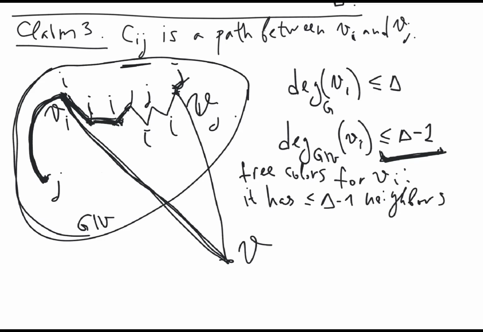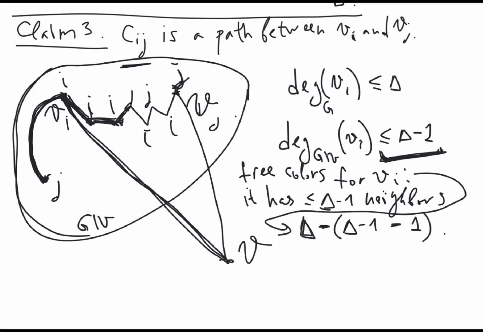So what we're calculating is delta minus at most delta minus 1 neighbors, plus two of them have the same color, so delta minus 1 minus 1.